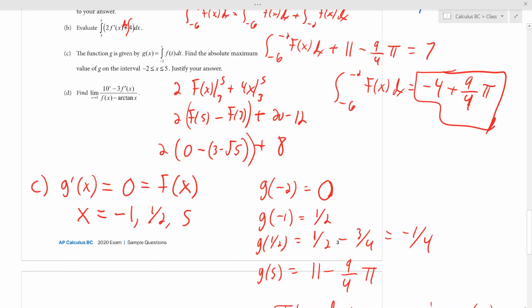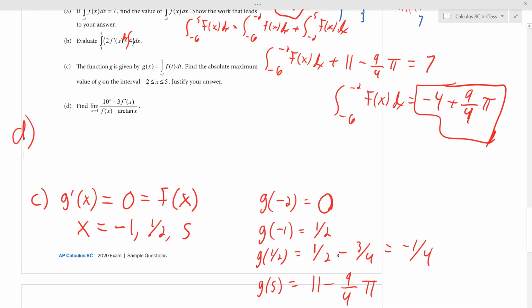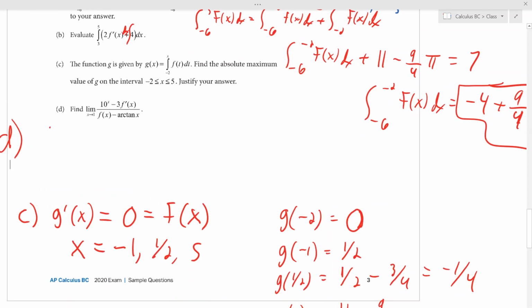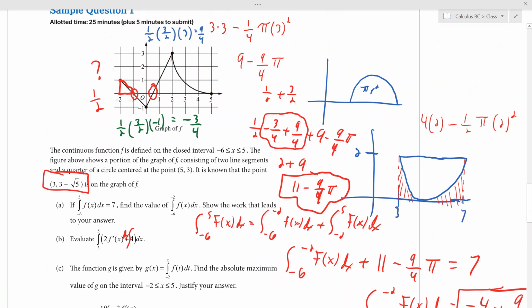And then D, when I saw this question for D, I'm going to do it right in here. I really thought it was a L'Hopital's rule question, but it's not. You just plug it in and you get an answer. When you plug 1 into that thing, you get 10 minus 3 f prime of 1 is what you need right now. That's just the slope of f at 1. You can see there's just this line right here, right?